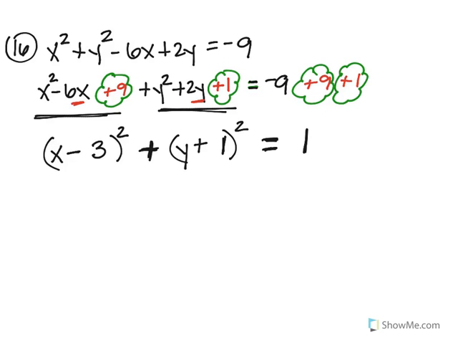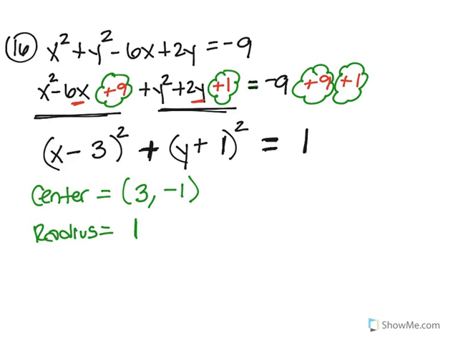So in this form, you should be able to give me that center and that radius. The center is going to be +3, -1. Keep in mind, you take the opposite. And the square root of 1 is just 1. So this is a circle, and it has a center and an actual radius.